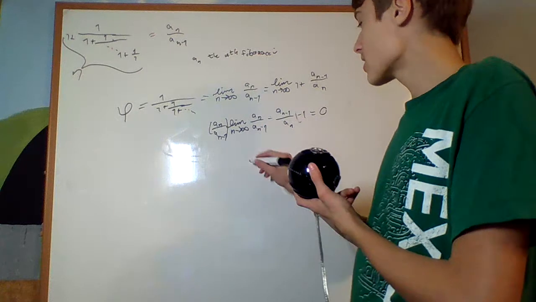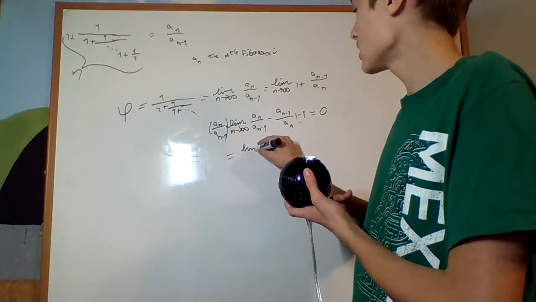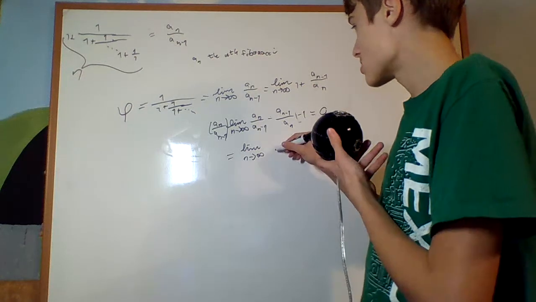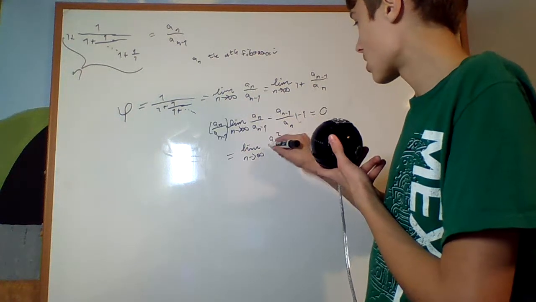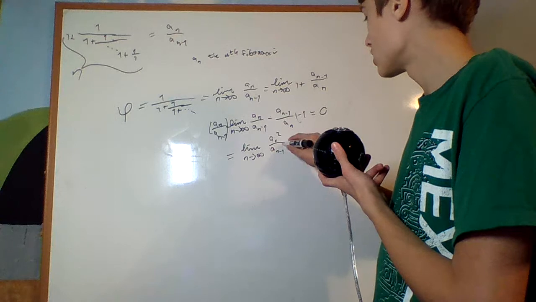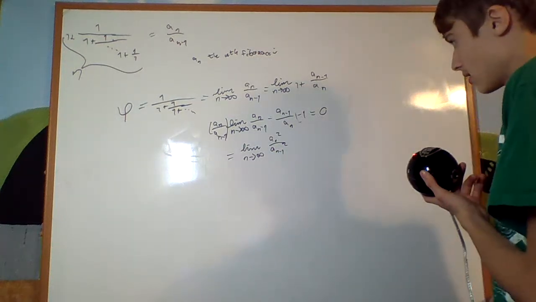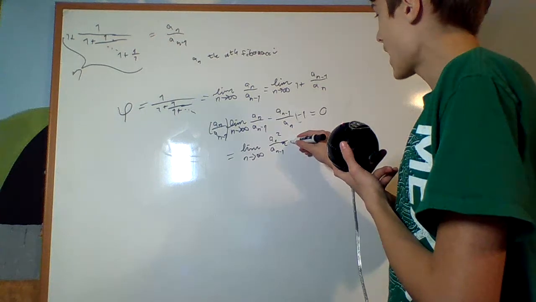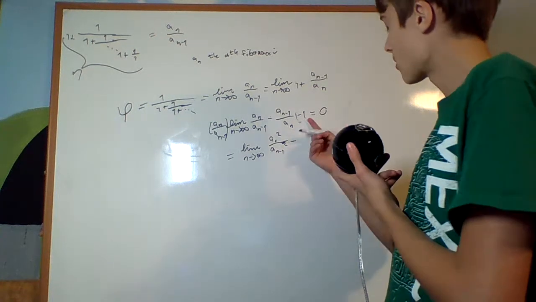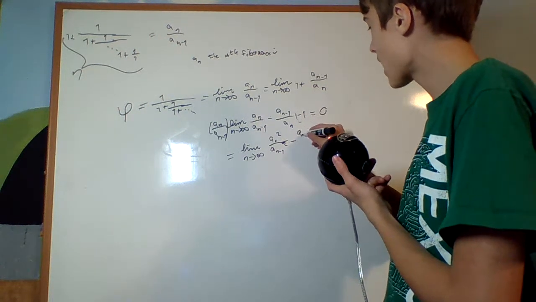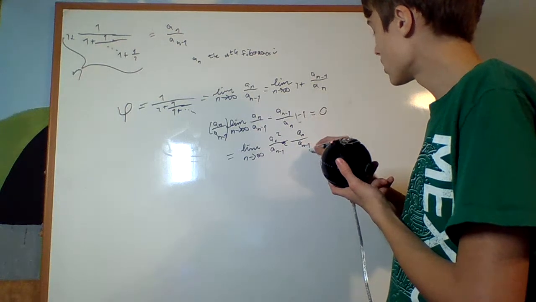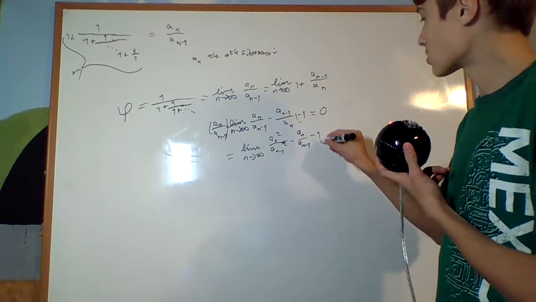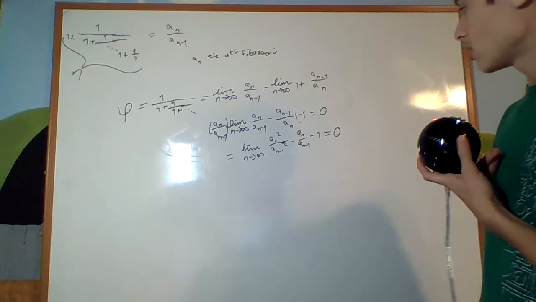And distributing that into the limit gives us the limit as n goes to infinity of, and then I get an squared over an minus 1 squared, right? Then minus, I'm going to do that 1, minus an over an minus 1, right? And then right there it's going to be a minus 1 equals 0.